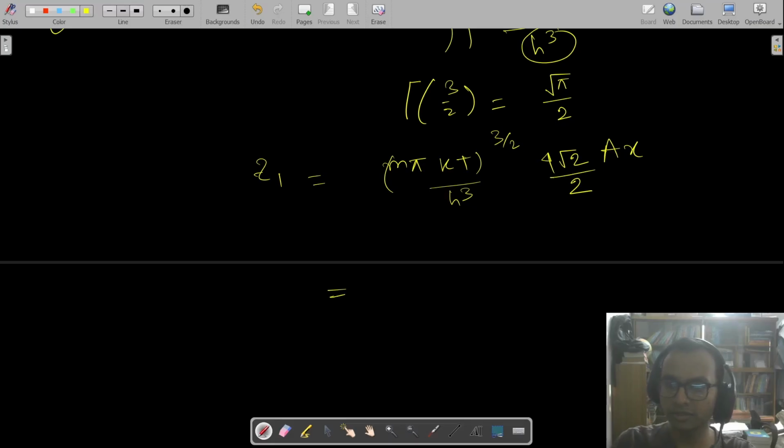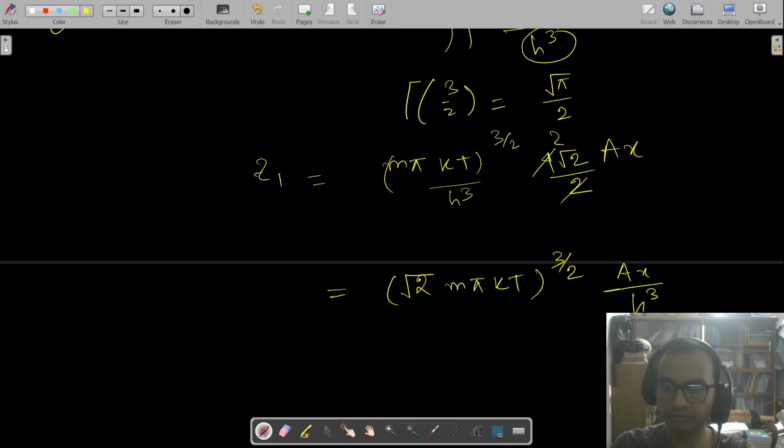So this is 2, root 2, 3/2, h cube. So this should be the answer for question A.